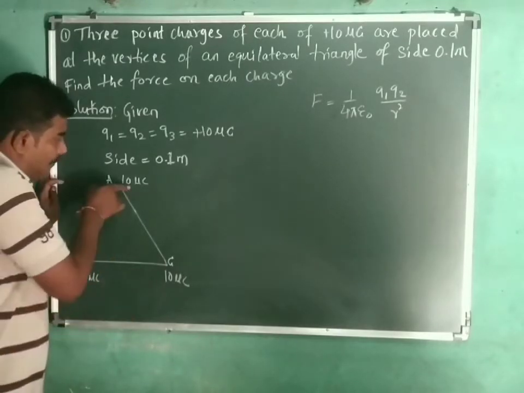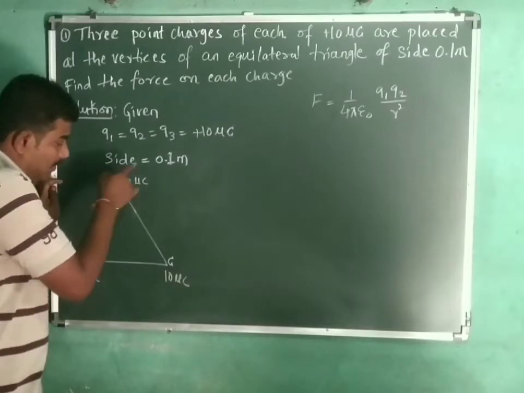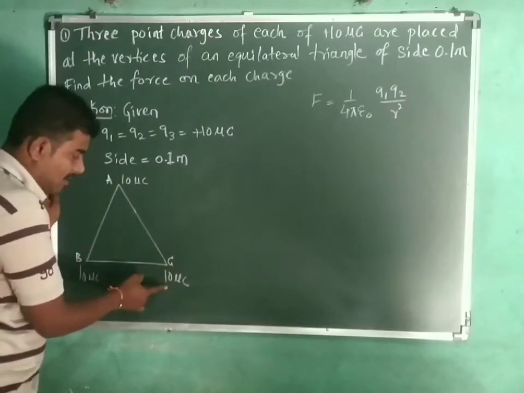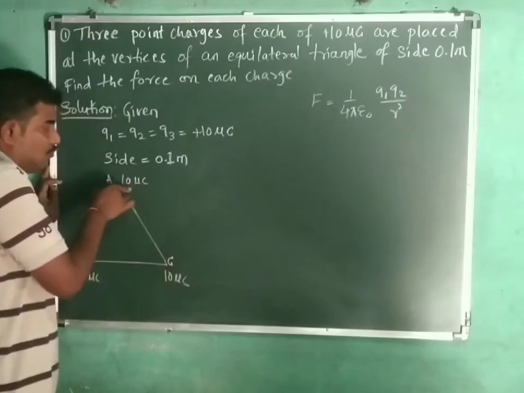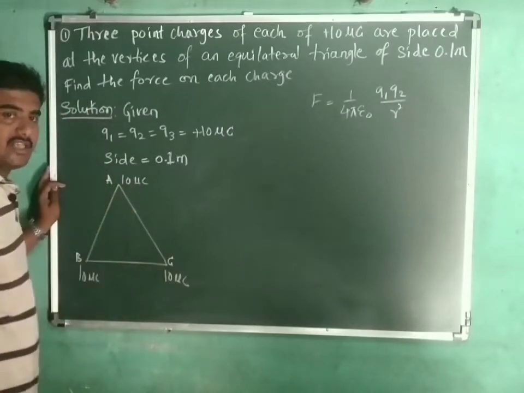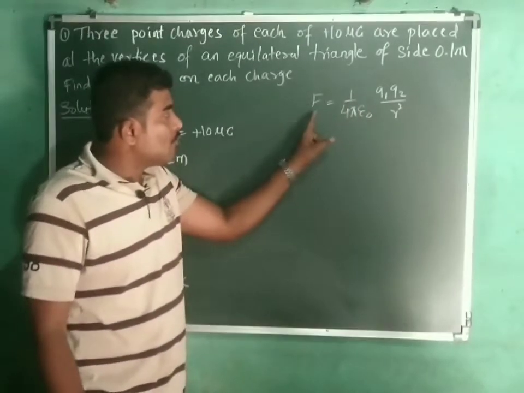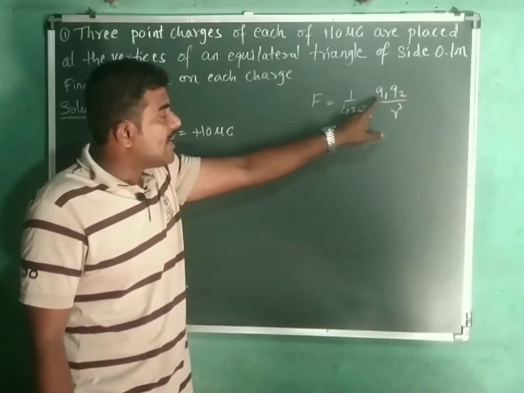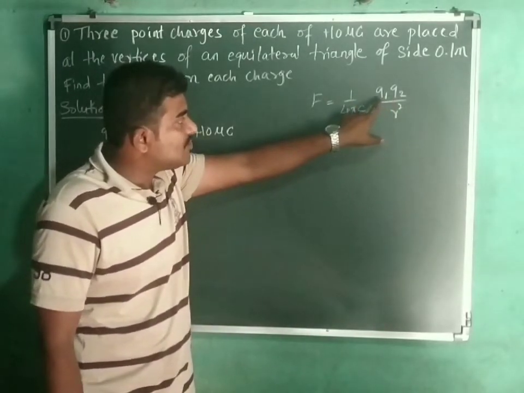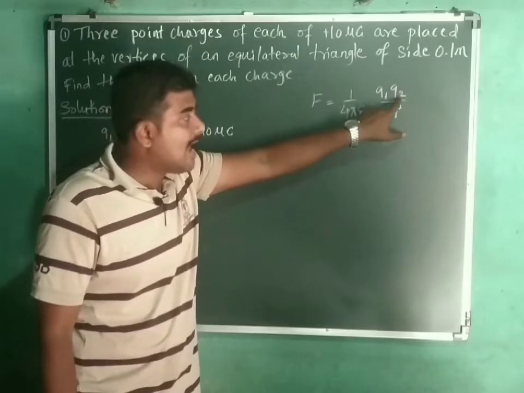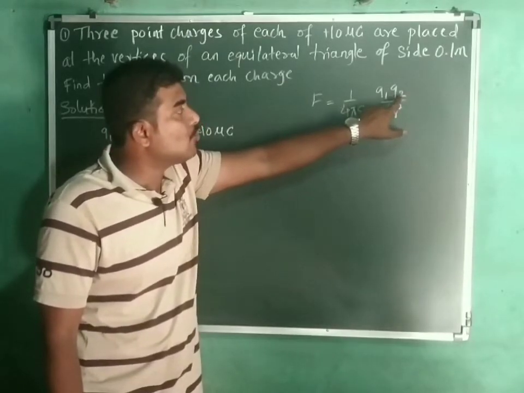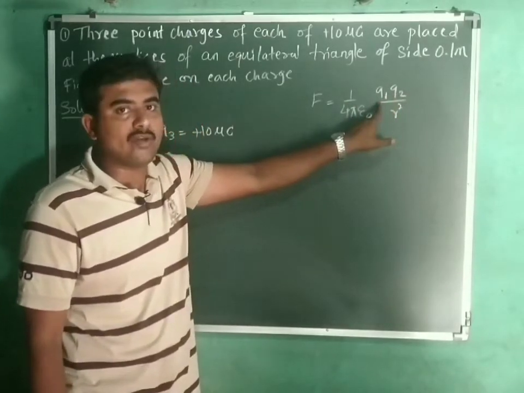And the force on this 10 microcoulomb due to that 10 microcoulomb, and the force on that one due to this one, is going to be the same, because according to Coulomb's law, the force exerted by charge Q1 on Q2 and the force exerted by Q2 on Q1 are both the same.